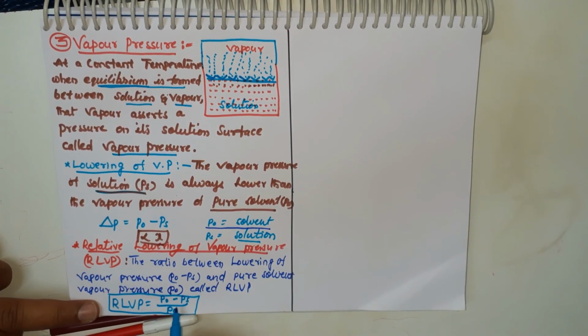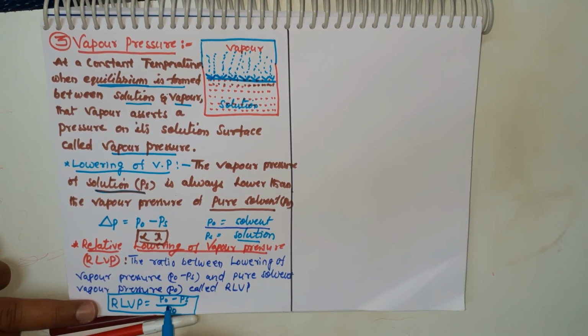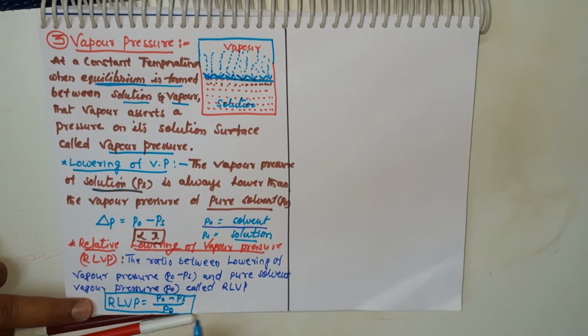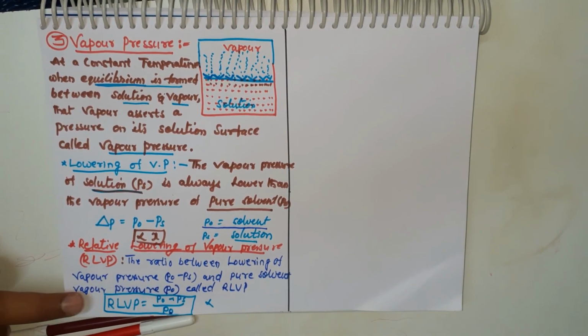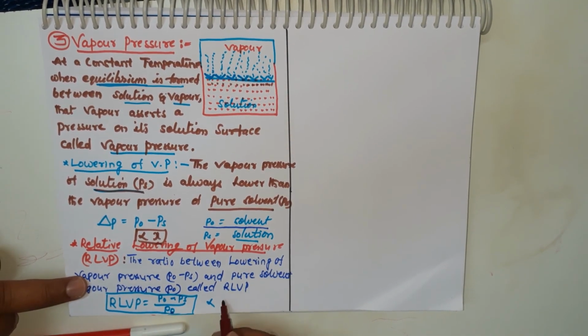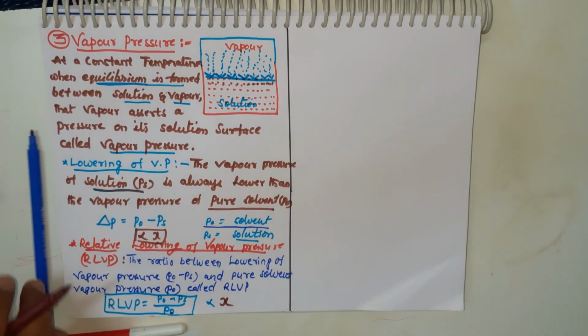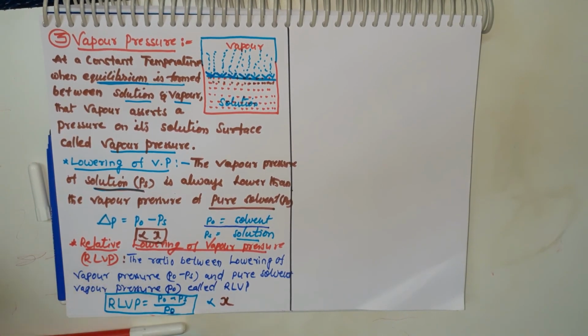The ratio between the lowering of vapor pressure and the pure solvent's vapor pressure is known as relative lowering of vapor pressure. It is also directly proportional to the mole fraction of the solute. According to this, we will study Raoult's law in the next class.